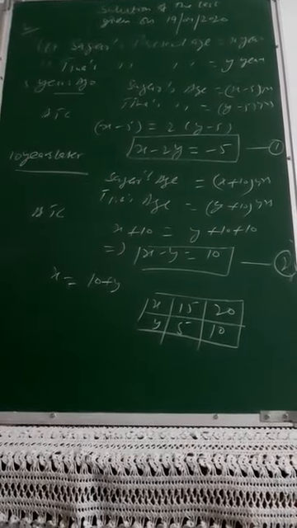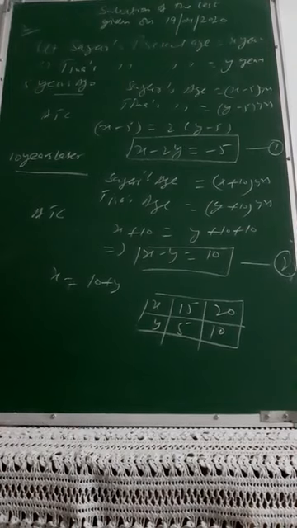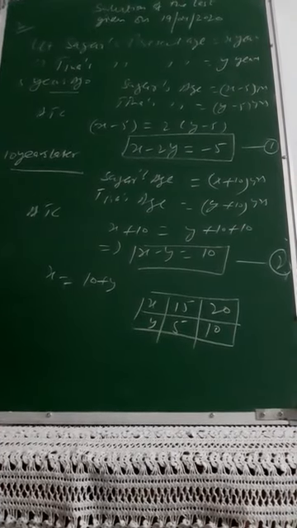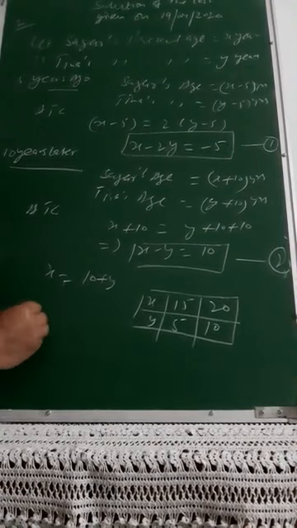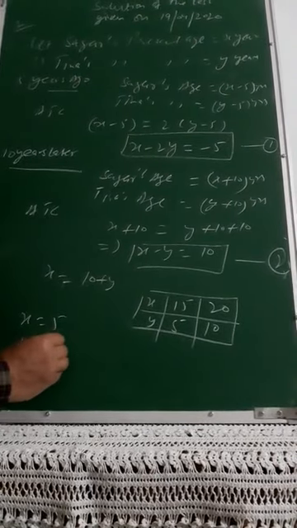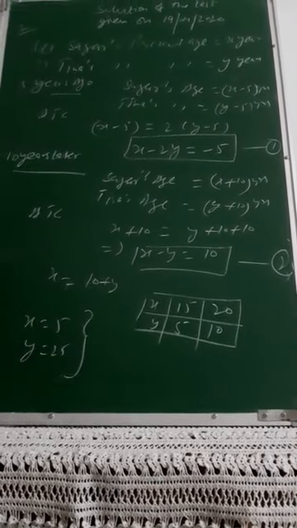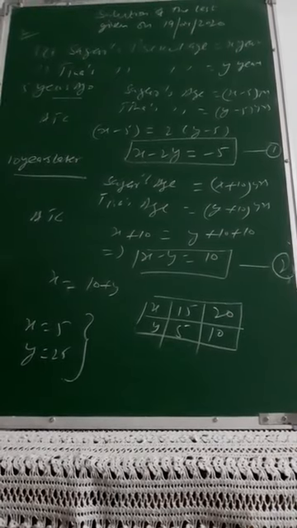So somewhere you will get the answer x is equal to 5 and y is equal to 15. That will be the point of intersection of these two equations that you can check.